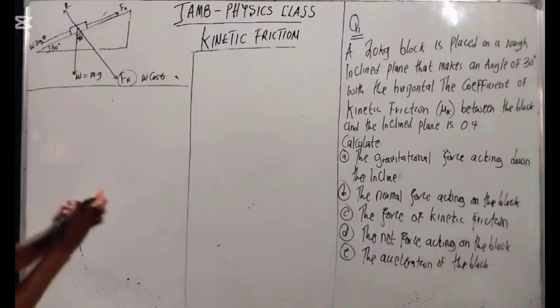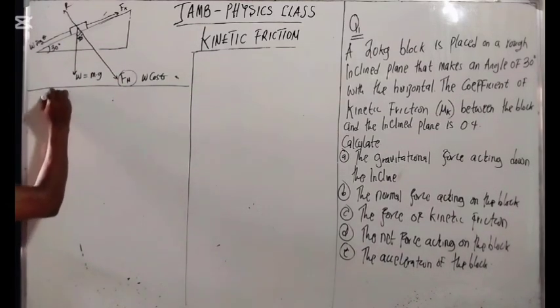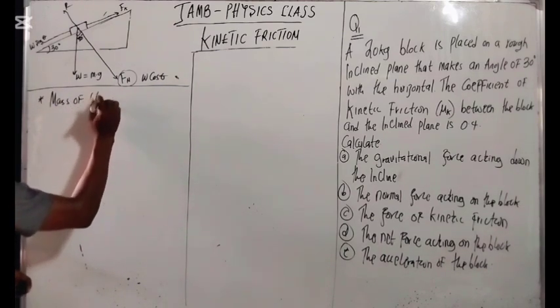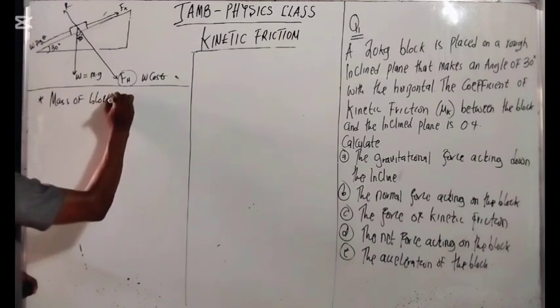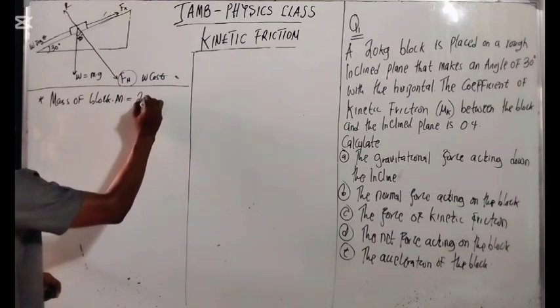The first thing we want to look at here is the mass of the block, m, which equals 20 kg.